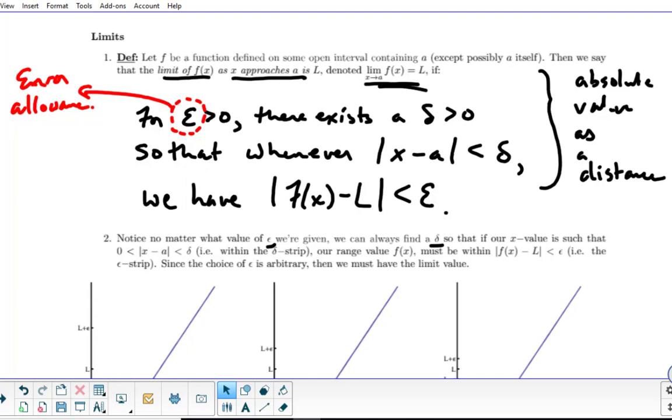The distance between x and the limiting value, as long as that gets smaller than the delta value, then it will force the distance between the range values and what we claim the limit is to be smaller than your error tolerance. That's how we interpret that. So again, think of these epsilons and deltas as small quantities. The epsilon is how close you want to get to the true limit value. The delta is how close you have to get to a to ensure that you get within that range of the true limit value.